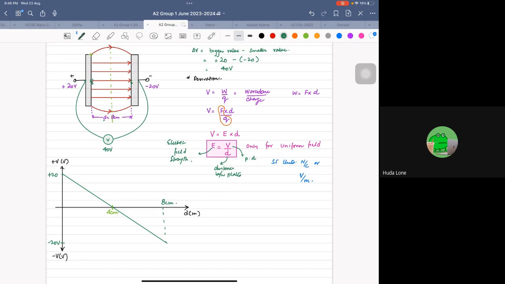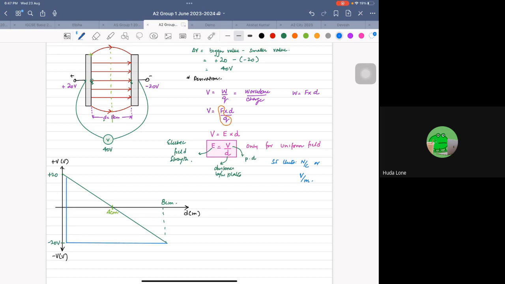Now, a very interesting thing emerges. It's basically a straight line going from positive to negative. If at any point I want to take the gradient of this line, let's draw a triangle at any point like that.